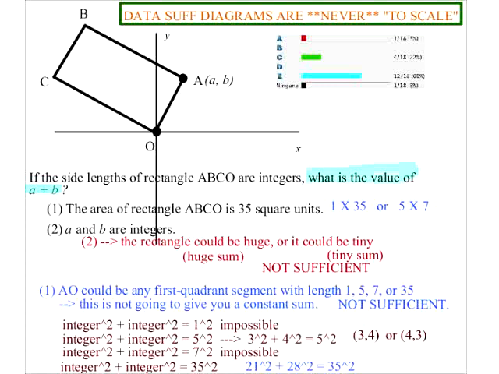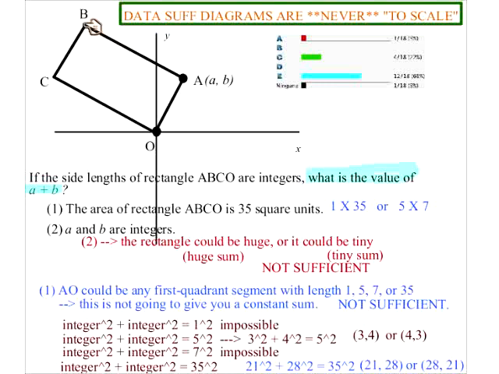Now, here's the problem with that. If this length is 35, then what will AB have to be? Remember, it's not a scale diagram, but at least we know that B has to be in the second quadrant. And that's where the problem comes in.